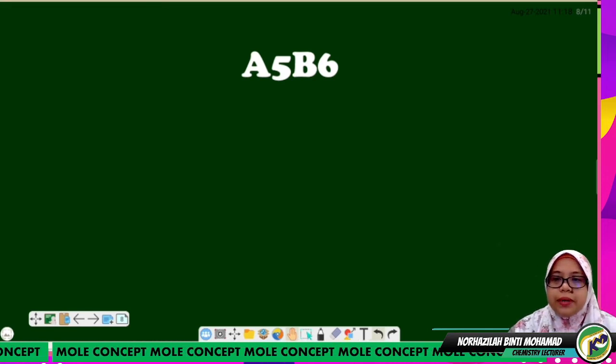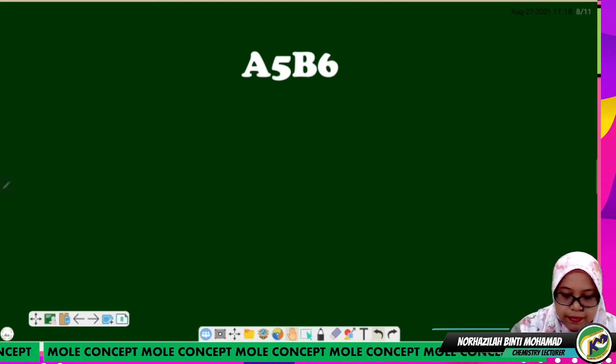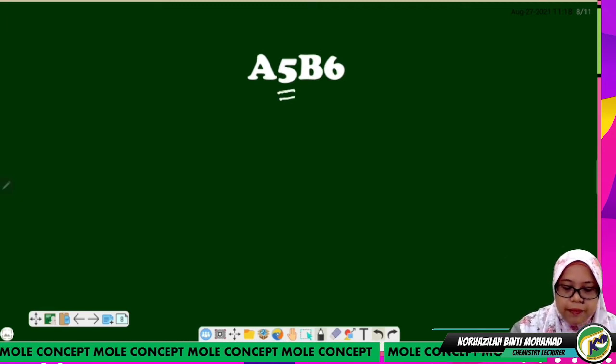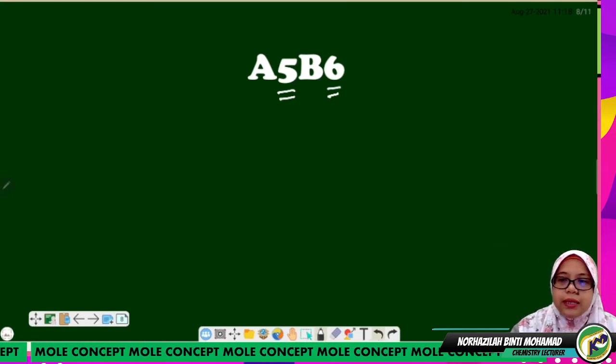I have separated the steps depending on the medium. For acidic medium, I have 5 steps, and for basic medium I have 6 steps. We will look at each step in both media.